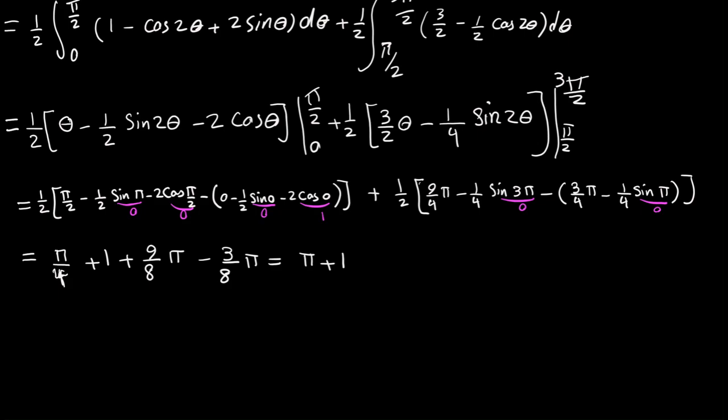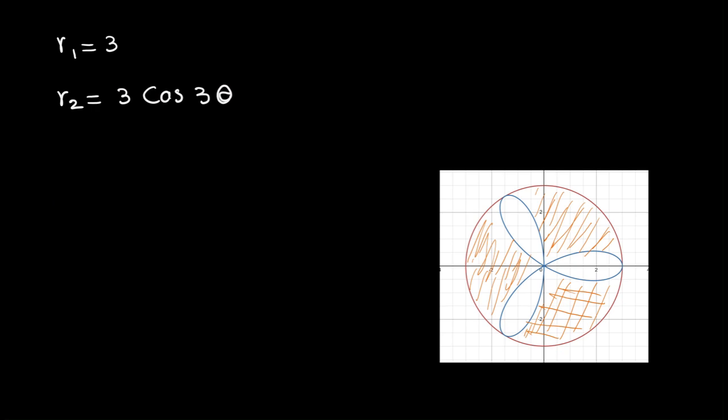The next example, we have two polar curves. R1 is 3. It's a circle with radius 3. And R2 is 3 times cosine of 3 theta.